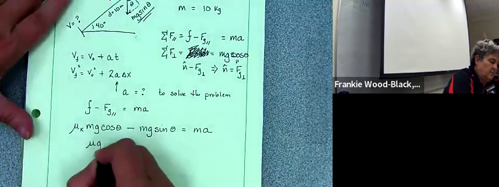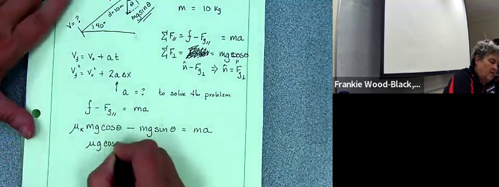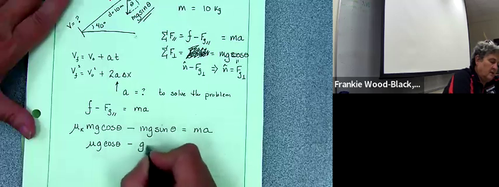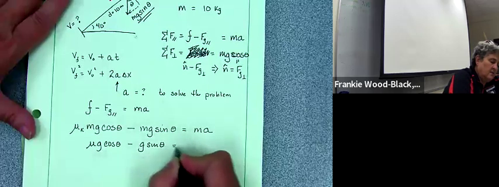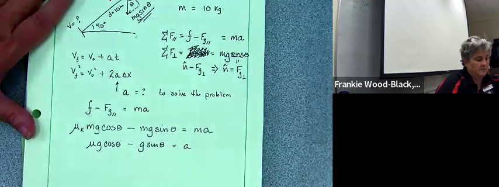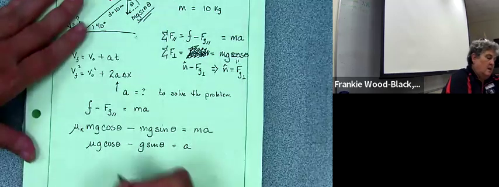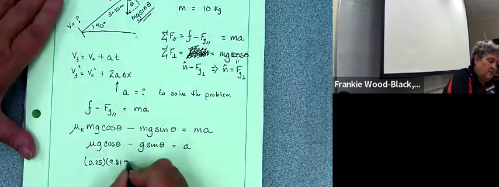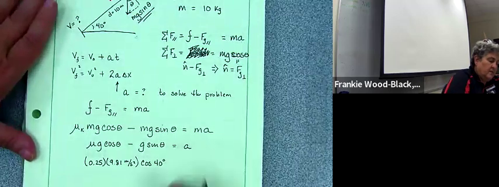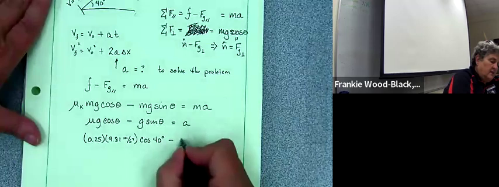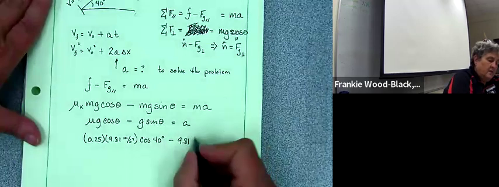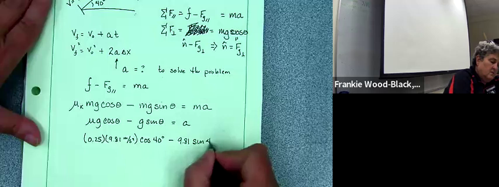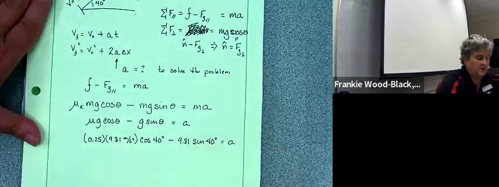My acceleration is going to be the coefficient of friction times gravity times the cosine of the angle minus gravity times the sine of the angle. And now I can plug in numbers. I get 0.25 times 9.81 meters per second squared cosine of 40 degrees minus 9.81 sine of 40 degrees is equal to my acceleration.